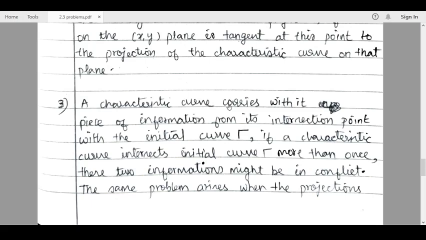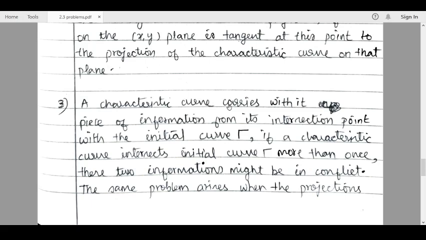Similarly, a problem arises with the projections of the characteristic curves. To study the behavior, we always look at the projection of the characteristic curves, and they should not intersect either. Then also there will be some problem.